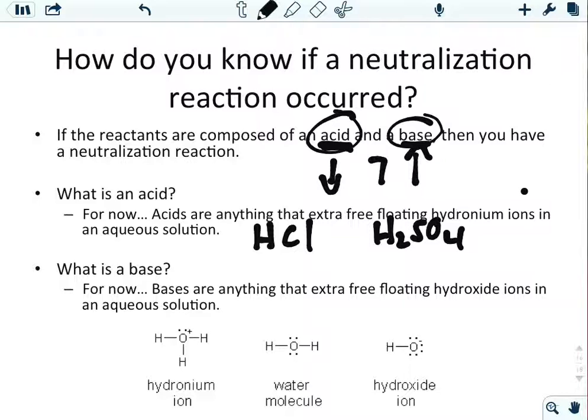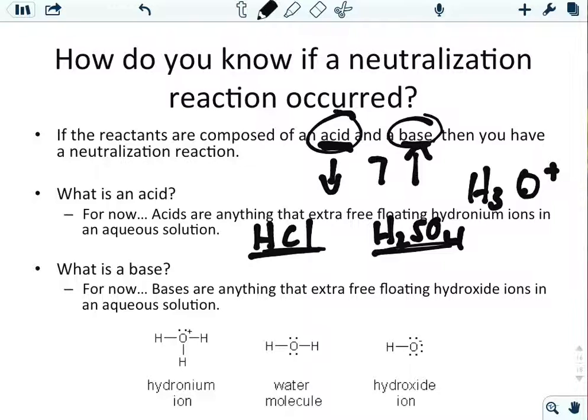That extra hydrogen hooks up with a water molecule and produces a hydronium ion, which is H3O with a positive charge. So basically, anything with free floating hydronium ions, or you can just think if it starts with an H, it's an acid.